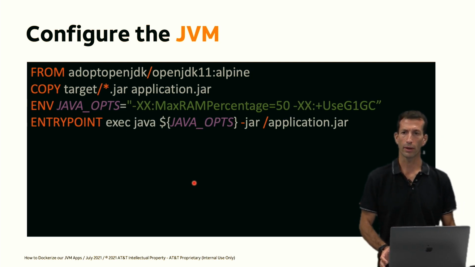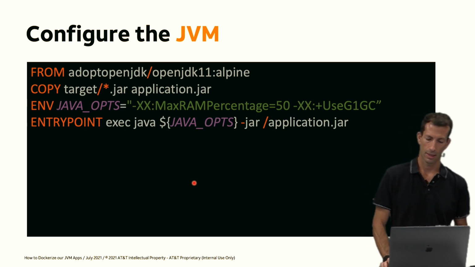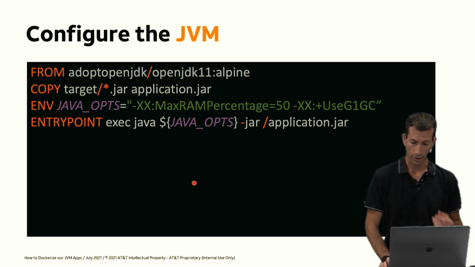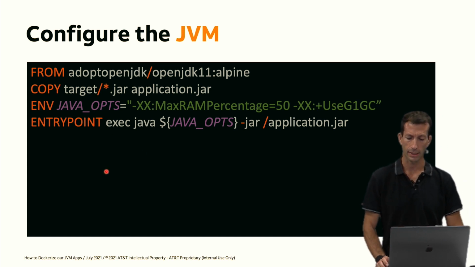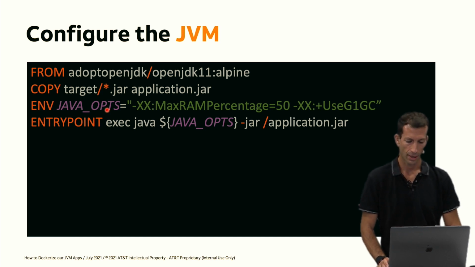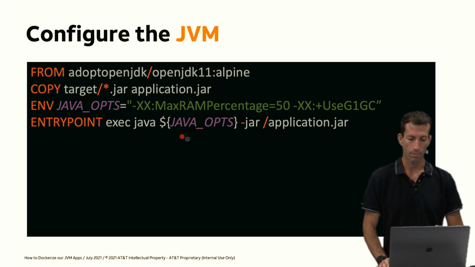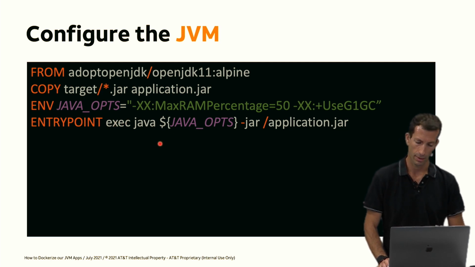So what I very often see is this. I see Docker files that define some environment variable. A lot of times it's called JavaOps, but it can be anything. And then it even has a default value here. And it's embedded into the entry point command. I followed my own advice and used exec here.